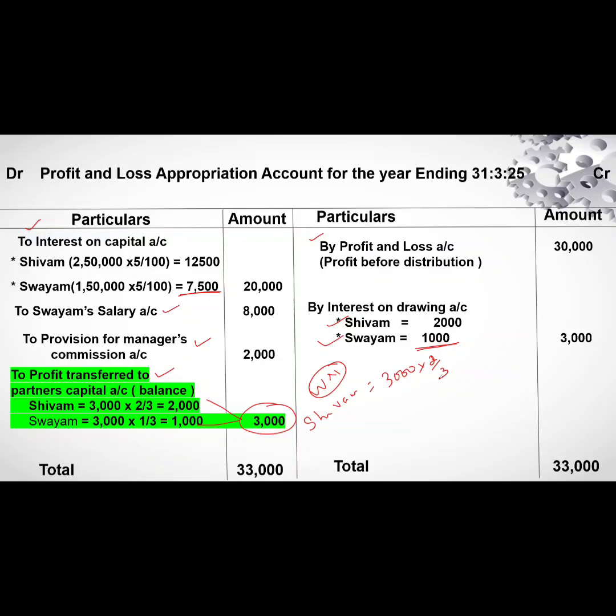Therefore it will be 2,000. That is what is written on the debit side. And for Swayam again, 3,000 into 1/3. So his share of profit will be 1,000. So that is shared between the partners. So this is the profit and loss appropriation account for the firm.